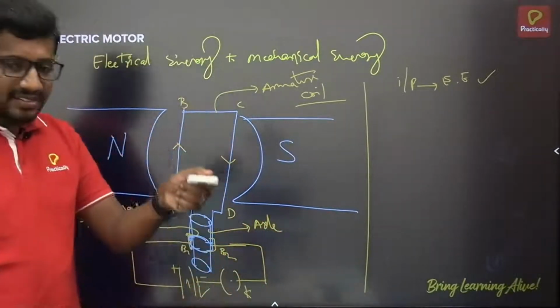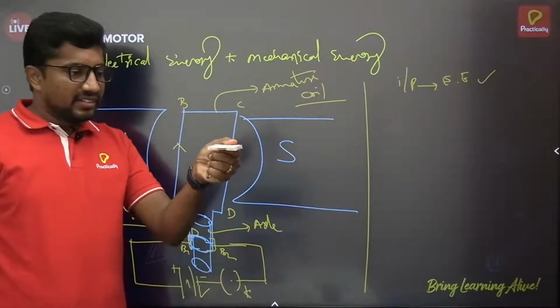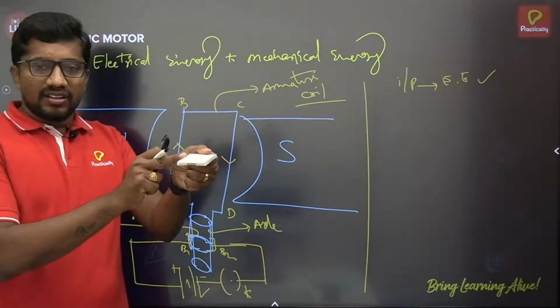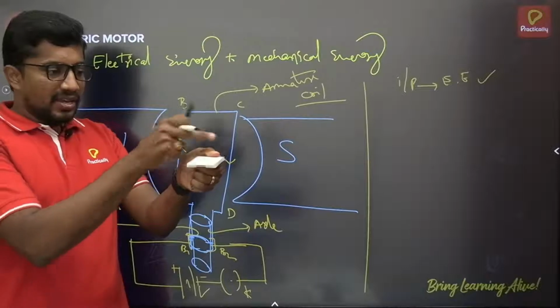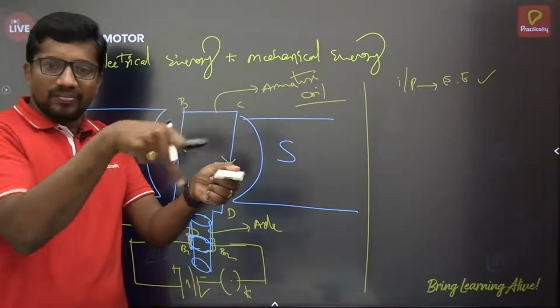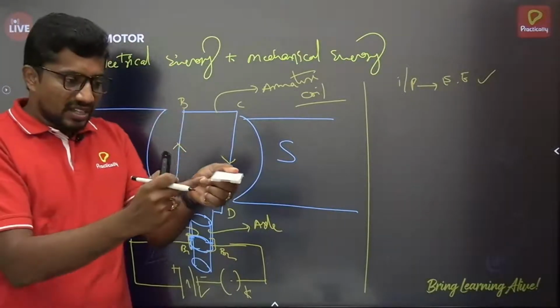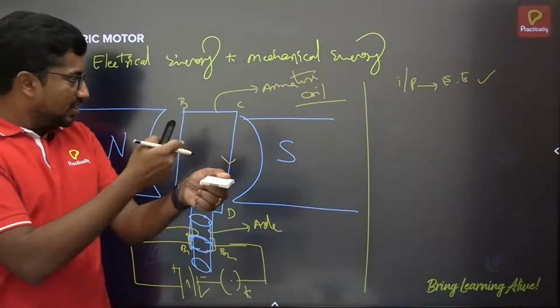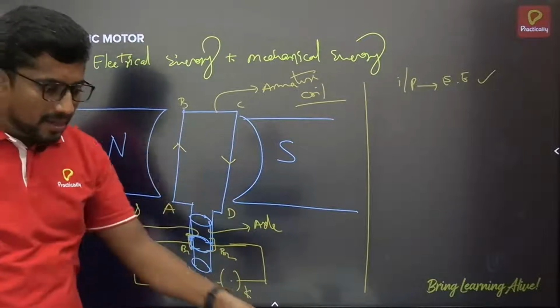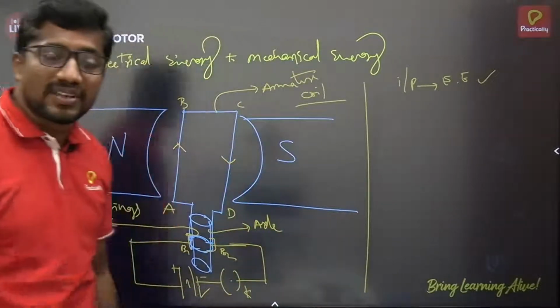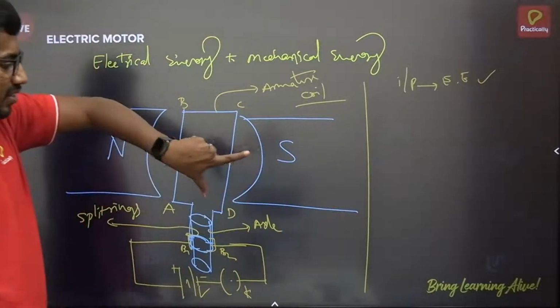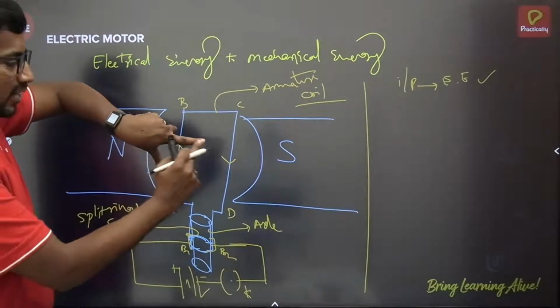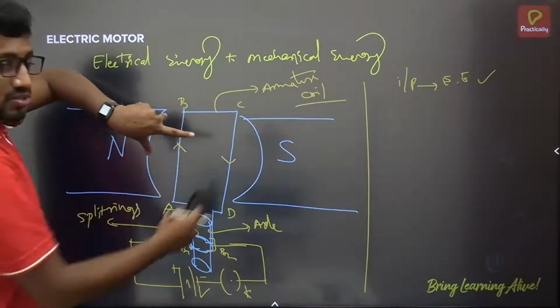Suppose this is the coil, with A, B, C, D like the four edges of a book. Along this edge the current is flowing, and this edge is pointing towards this plane. In that direction you place the center finger like this. The forefinger represents the field, which is from north to south.